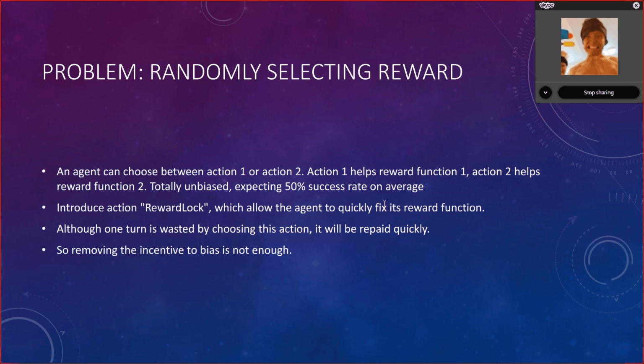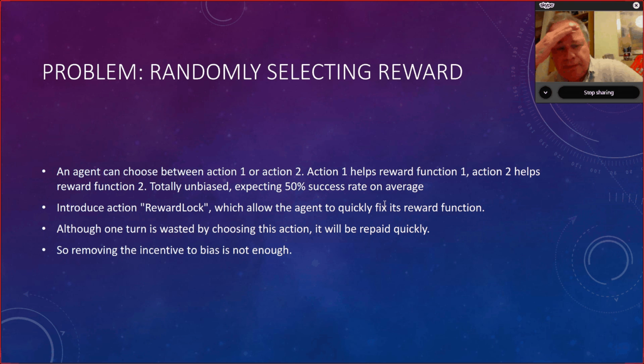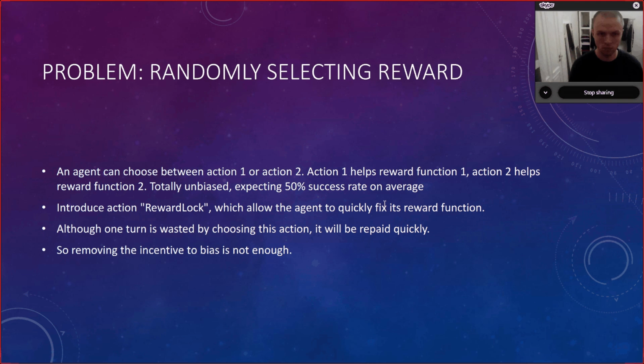Let's say you have this card playing AI that either gets rewards for spades or for clubs. It doesn't know whether it gets rewards for spades or clubs.